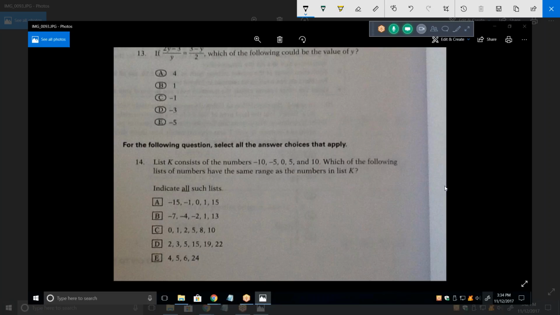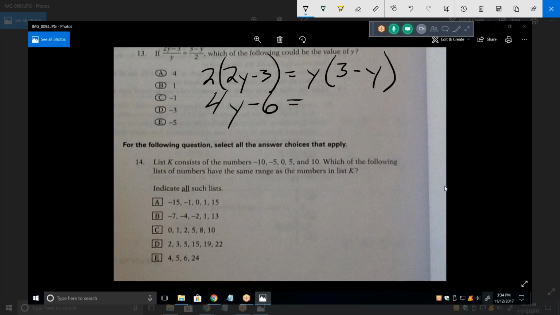Right. Well, if I try to solve this algebraically, my first step is to cross multiply. With me? Yes. Now distribute. Now we're looking at a quadratic.